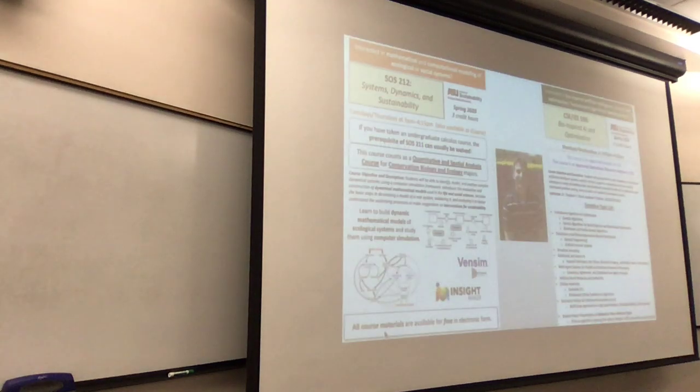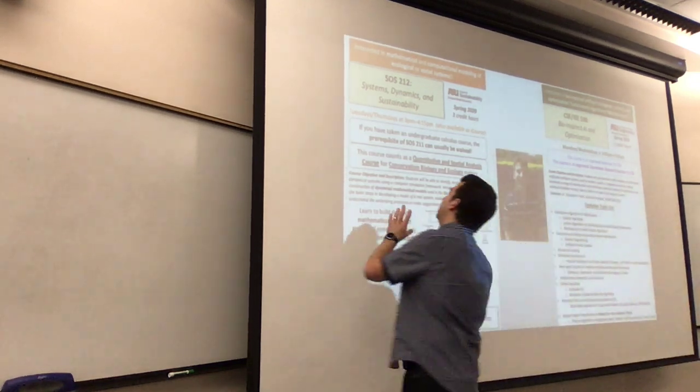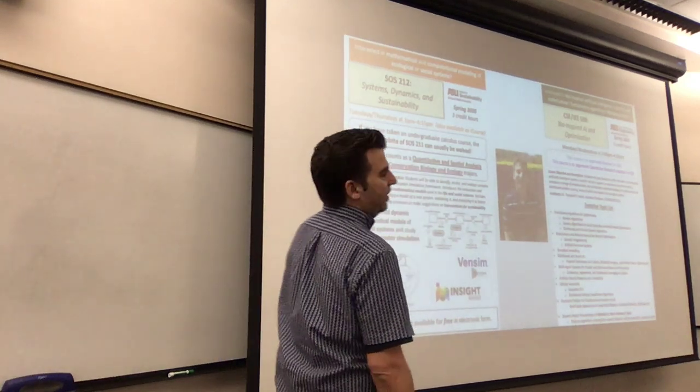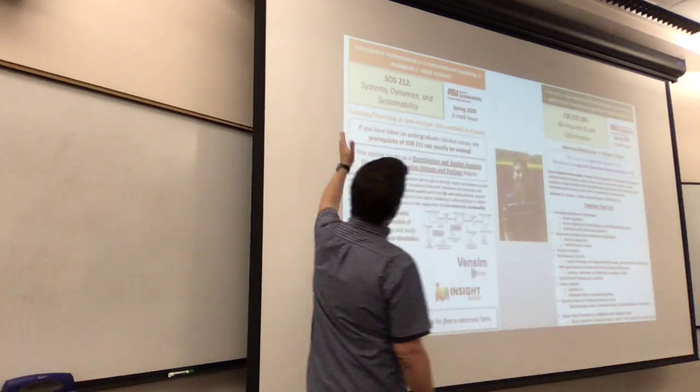Just as a quick plug, if there's anything that you liked about this course, I do teach two other courses next semester. One is on simulation, but it's actually surprisingly similar to IEE 477, but it was already on the books in sustainability where I'm jointly appointed. It's a 212.